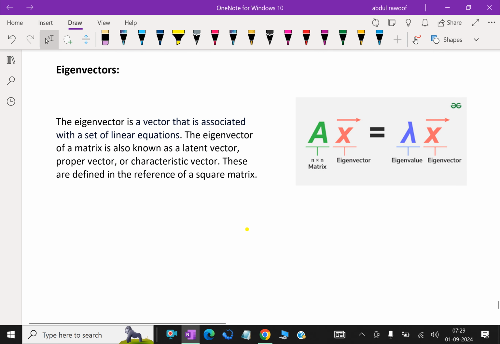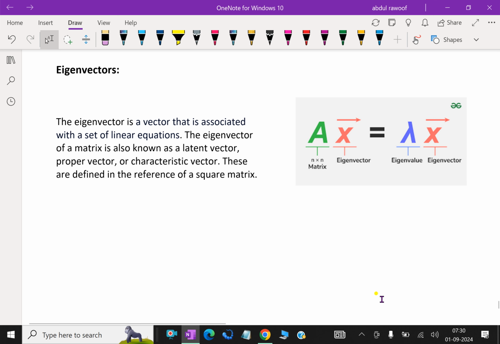Next one, eigenvectors. The eigenvector is a vector that is associated with a set of linear equations. The eigenvector of a matrix is also known as a latent vector, proper vector, or characteristic vector. These are defined in reference to a square matrix. Look here. Suppose this is an n into n matrix A, then A into the eigenvector x is equal to lambda into x, where lambda is called the eigenvalue and x is the eigenvector.